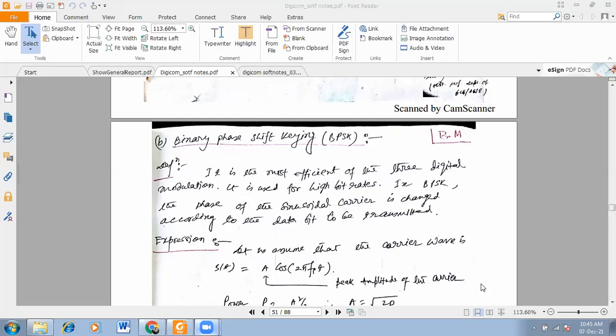Here also we use the same carrier we used in amplitude shifting.